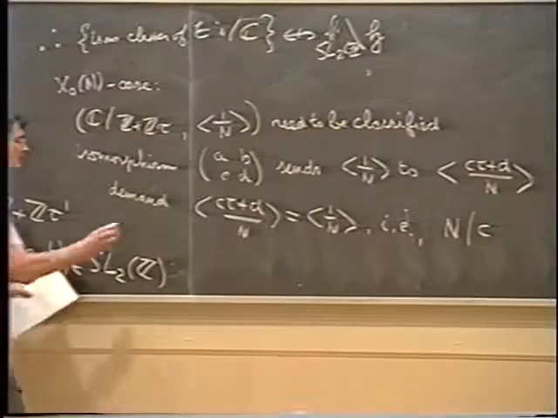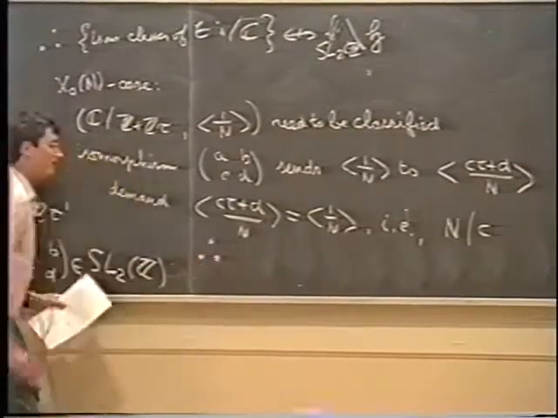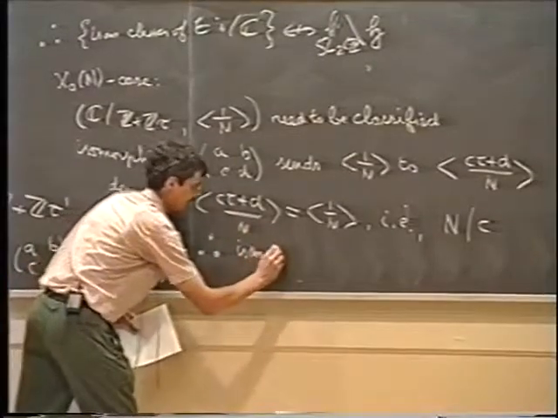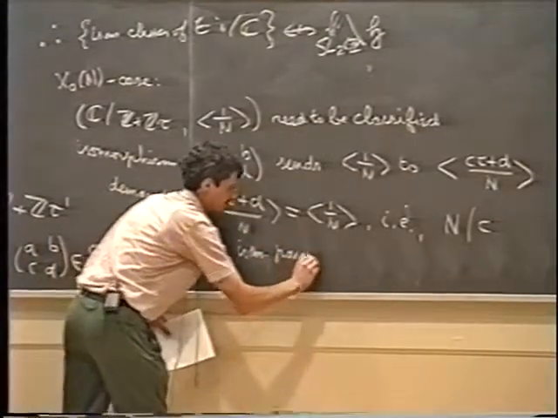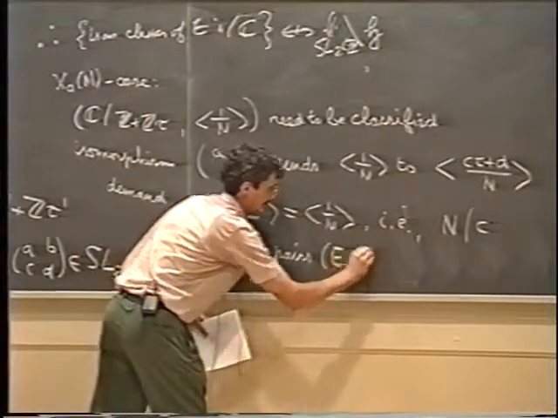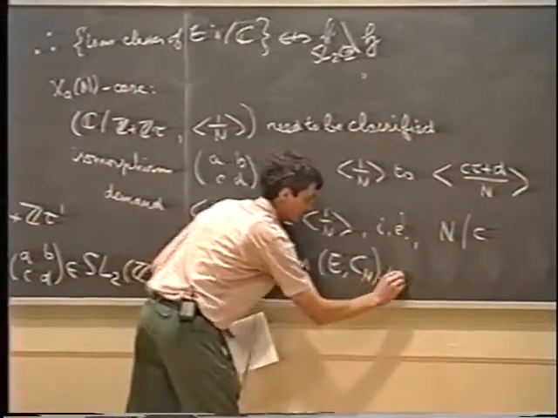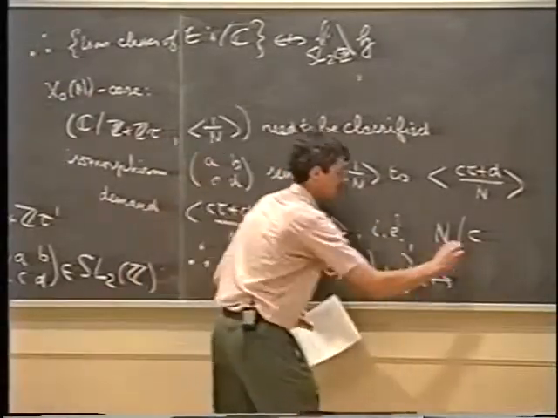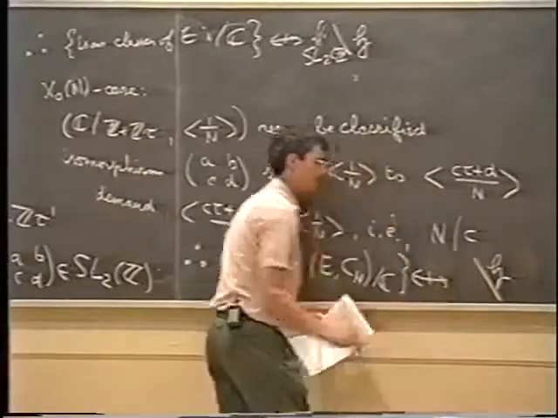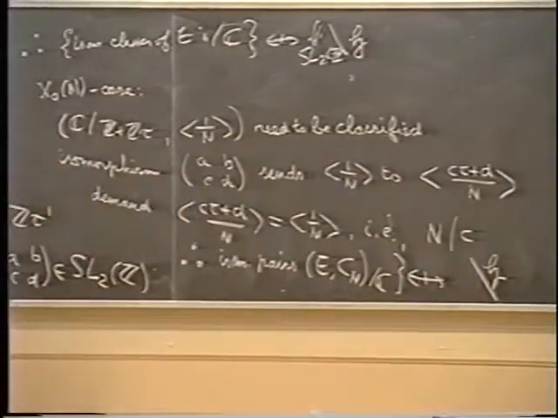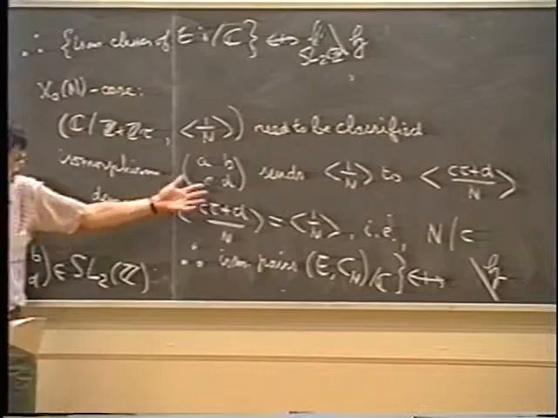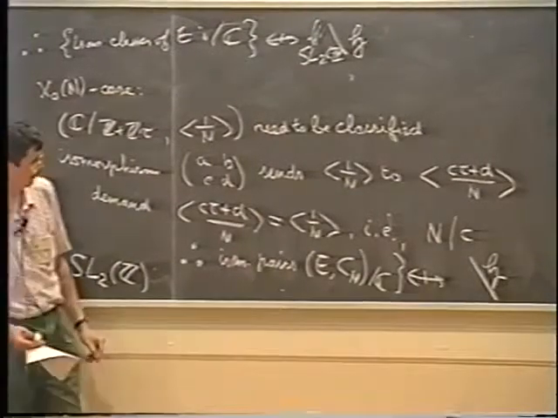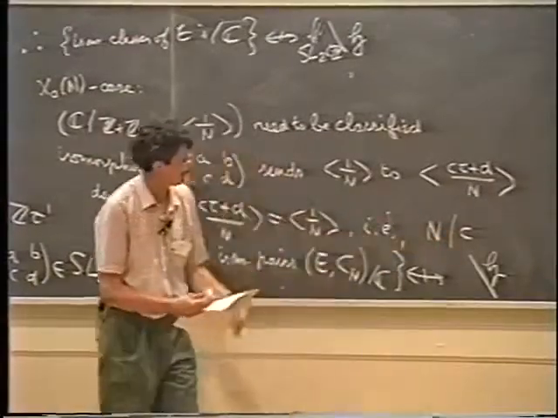So what we see here is the following, that isomorphism classes of pairs E and a cyclic subgroup of order n over C are in one-to-one correspondence to the upper half space where I mod out, now not the full group SL2Z because I have this extra constraint, but the subgroup of SL2Z, it happens to be a subgroup of all matrices where the C is a multiple of n.